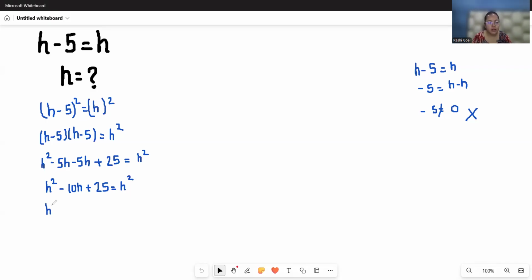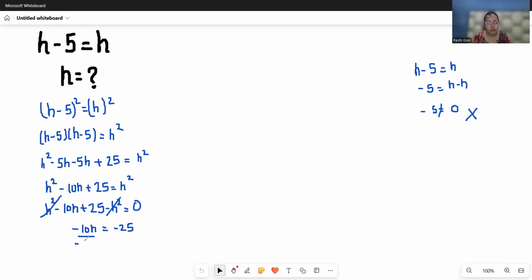So h squared minus 10h plus 25 minus h squared equals 0. So we will cancel out the positive and negative h squared. So minus 10h equals minus 25.